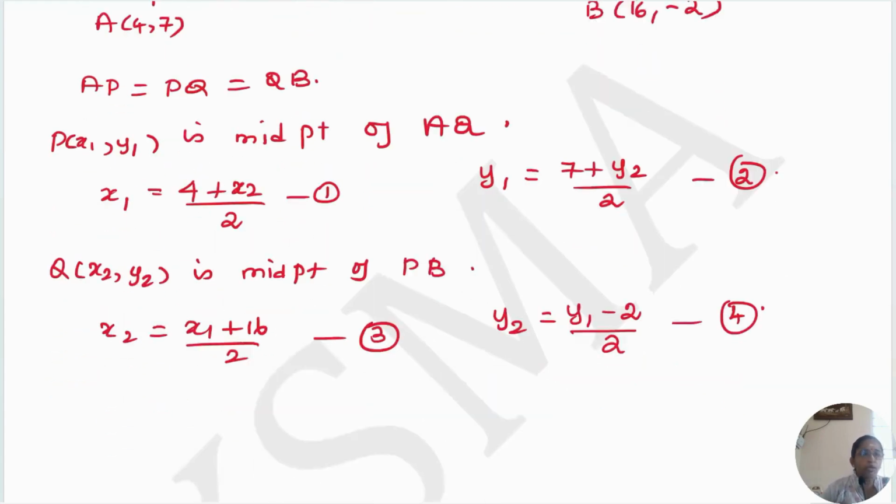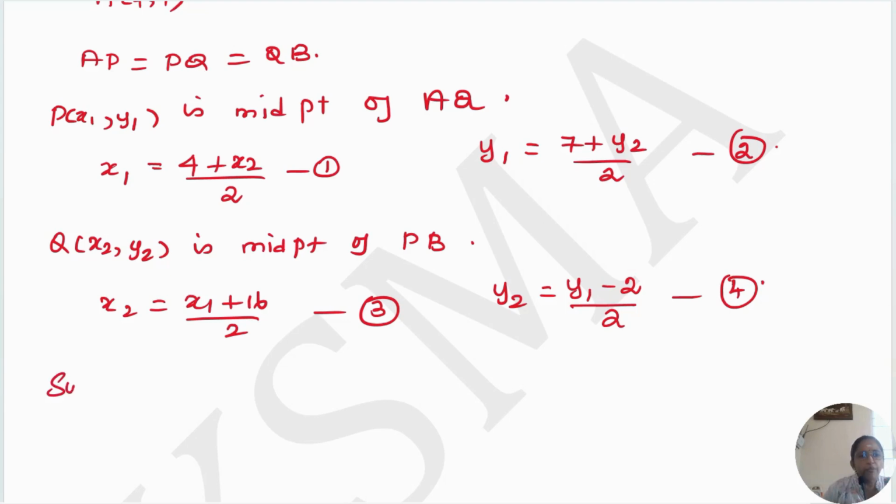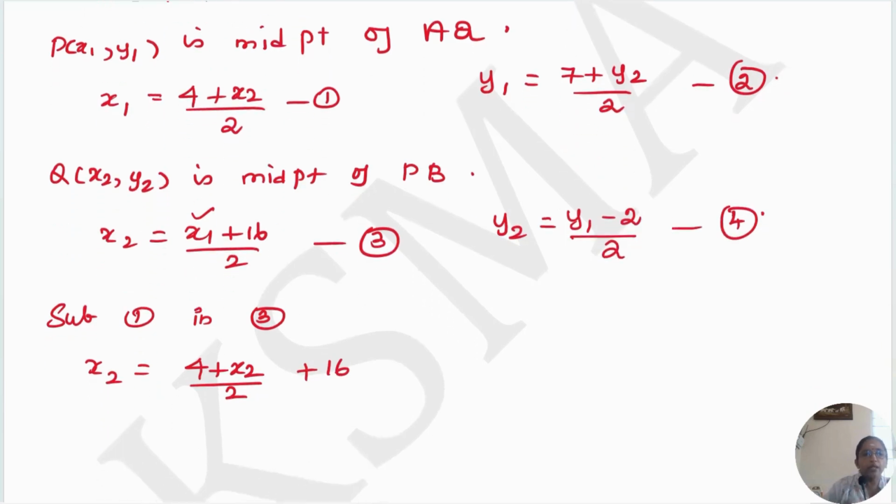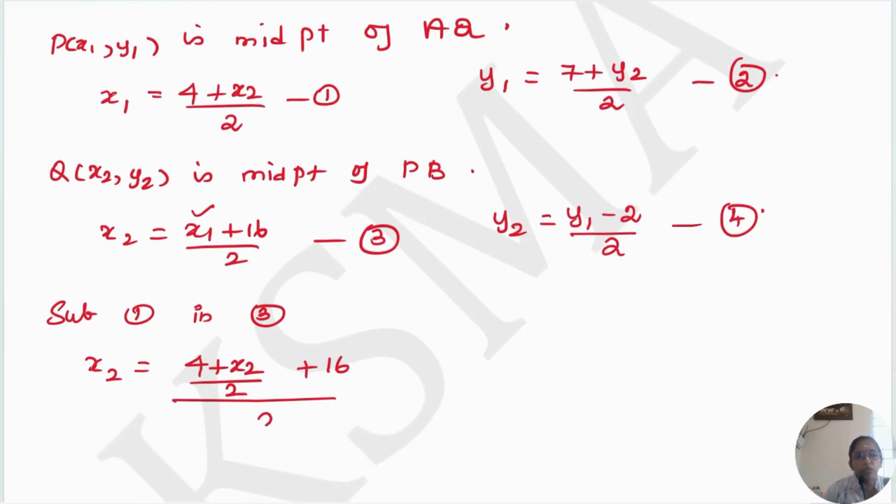Now you are going to substitute your x1 data, that is from equation number 1, in equation number 3. So x2 is equal to (4 plus x2 divided by 2, plus 16) over 2.